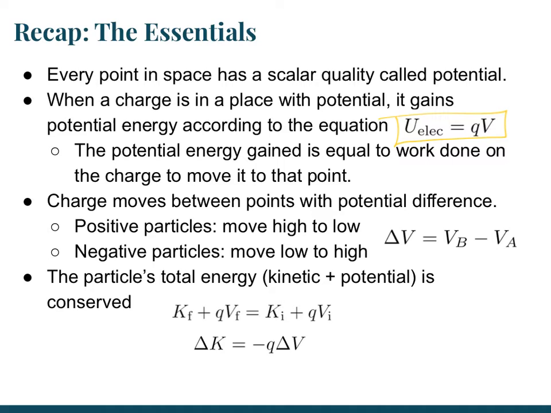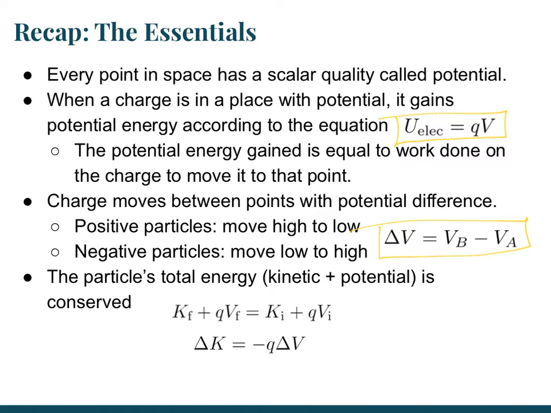The third thing is that charge moves between points if they have a potential difference. And the formula for potential difference is right here. Now, a weird thing that happens with electric charges is that positive particles move from high potential to low potential, but negative particles act opposite of that. They move from a low potential to a high potential.